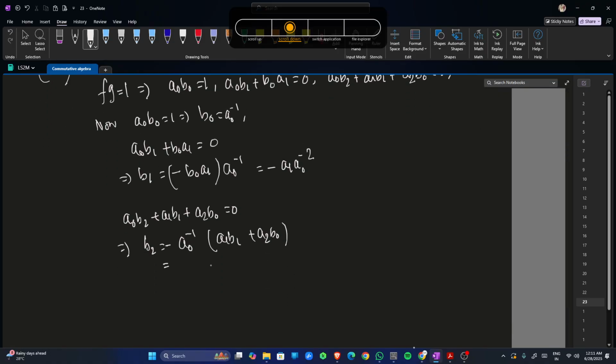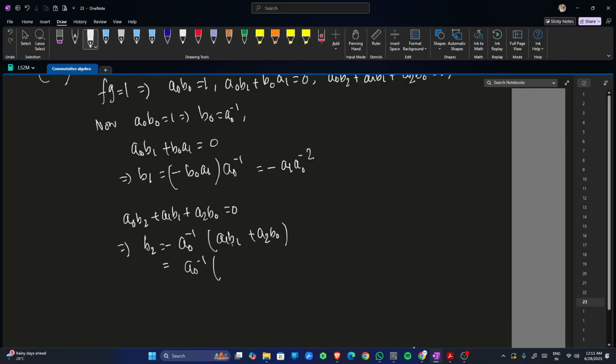I know what b1 is; there is another minus, so we get a1 squared. And a2 b0 is a0 inverse.